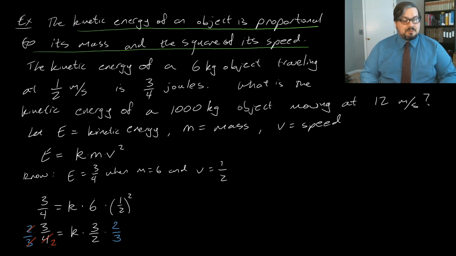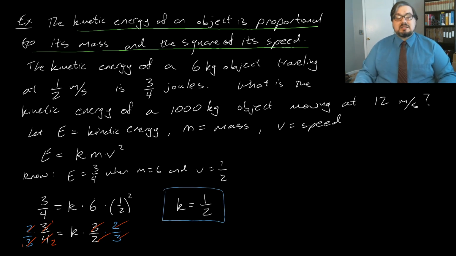So then we can simplify over on the left and on the right, and we get that K is equal to 1/2. So there's our constant of proportionality. And by the way, these are all real numbers. So the constant of proportionality really is 1/2 here.